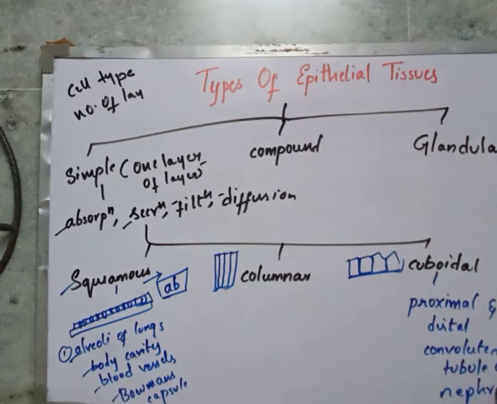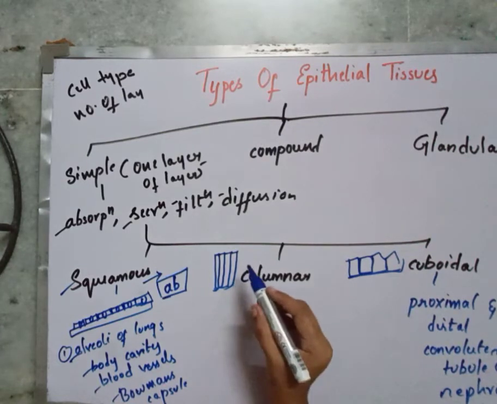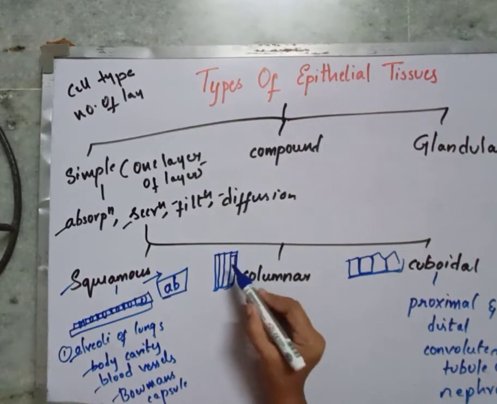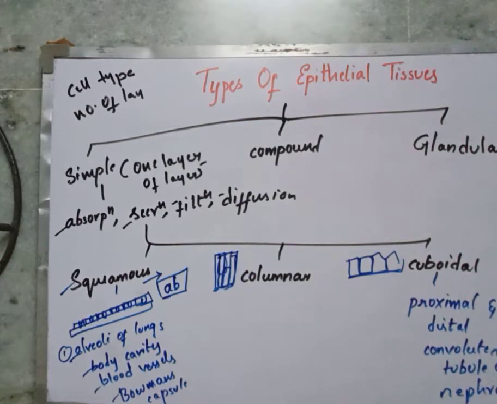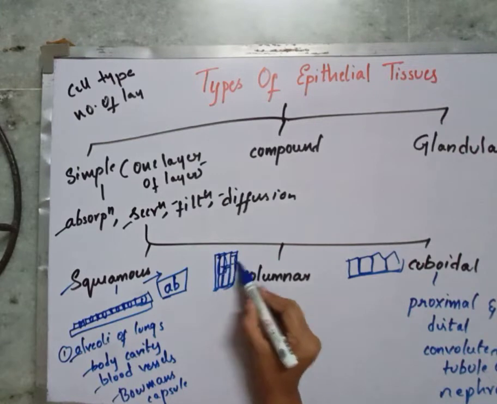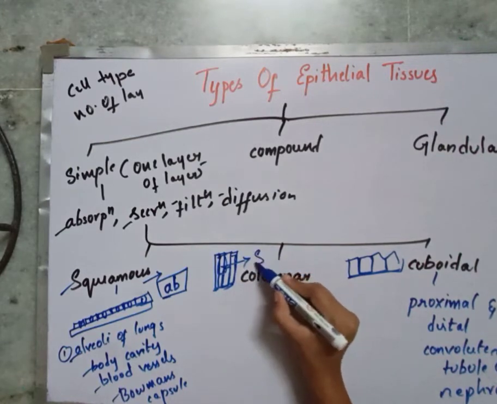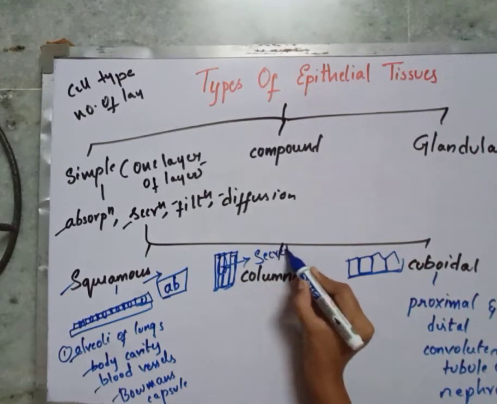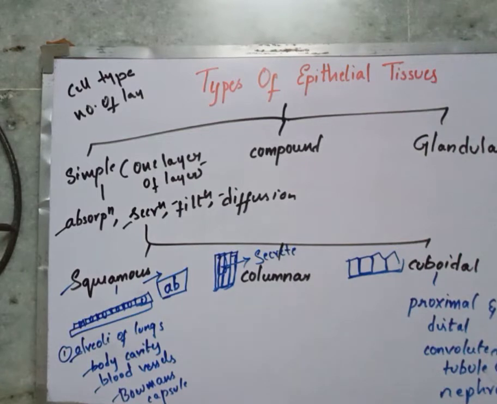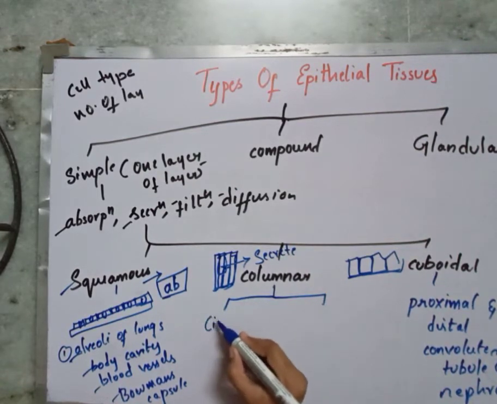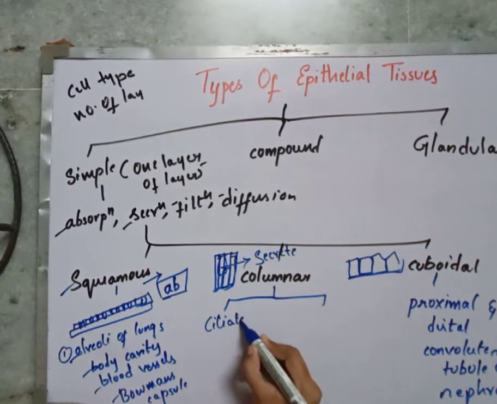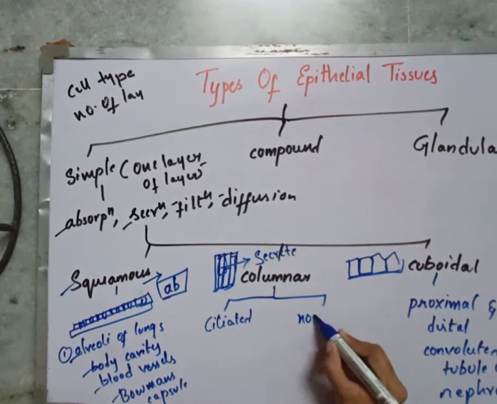So this is the location of a cuboidal epithelium. And if we take a simple columnar epithelium, it also contains some goblet cells in between the columnar cells. The function of goblet cells is to secrete certain substances. This columnar epithelium is broadly classified into two types. They are ciliated columnar epithelium and the non-ciliated columnar epithelium.